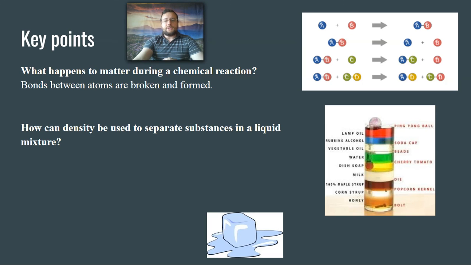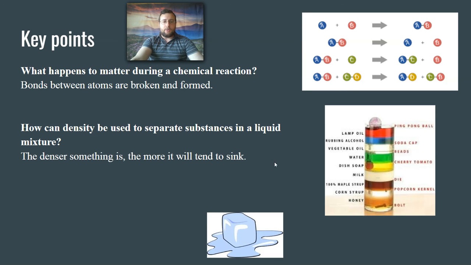So you can use density to separate substances in a liquid, because something that is denser has a tendency to sink to the bottom of the liquid if it doesn't mix very well with it. So if you have a mixture that's heterogeneous, where you can actually see the parts, the denser parts would tend to sink to the bottom, and you can use that to differentiate between the parts that are inside.